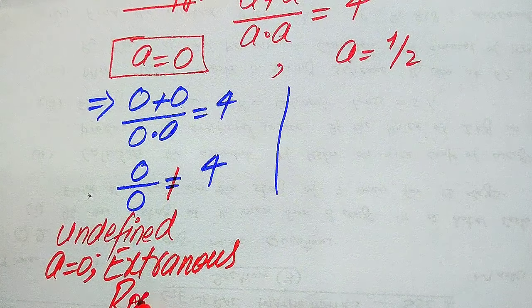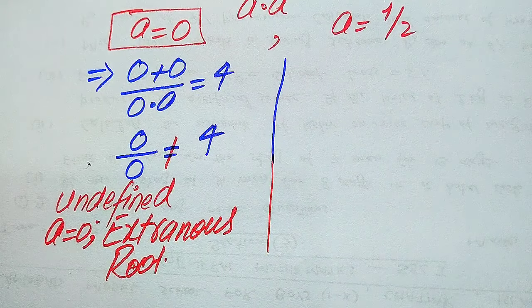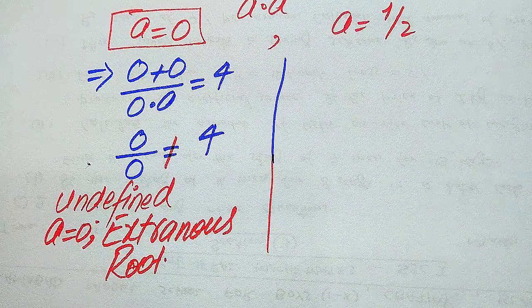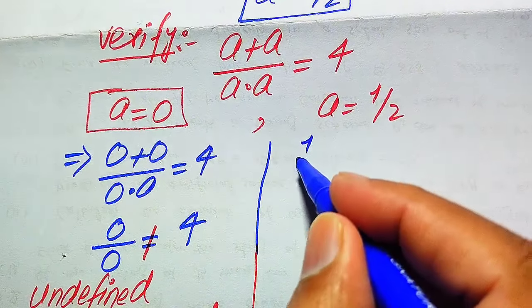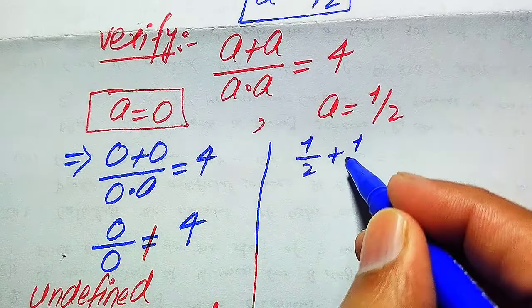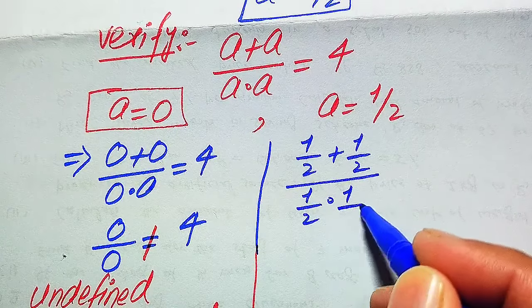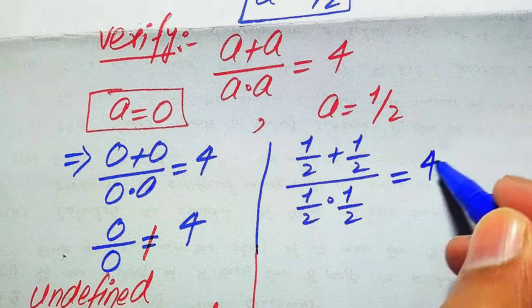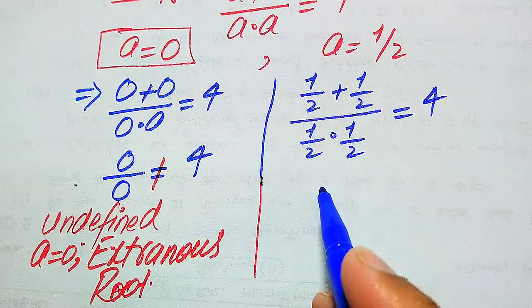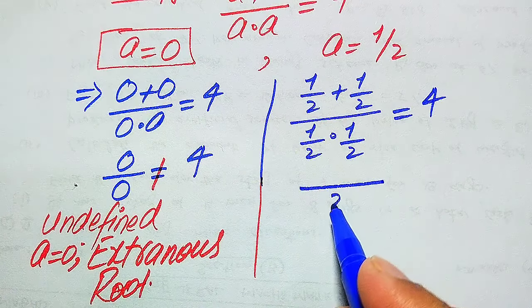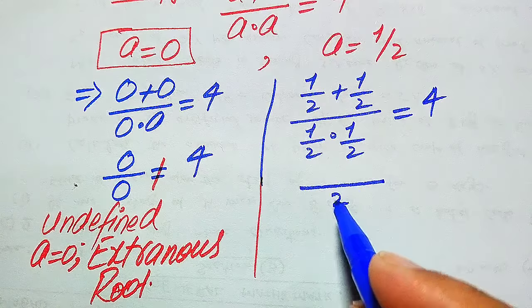Okay, so this is the extraneous root, and in the next step we need to verify the second value of a. We put a equals 1 over 2 into the left hand side, and it becomes 1 over 2 plus 1 over 2, divided by 1 over 2 multiplied by 1 over 2, equals 4. Next we take the LCM of the numerator term, which is 2, and this 2 is cancelled out by this 2.